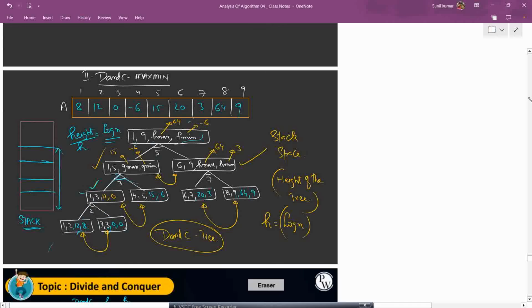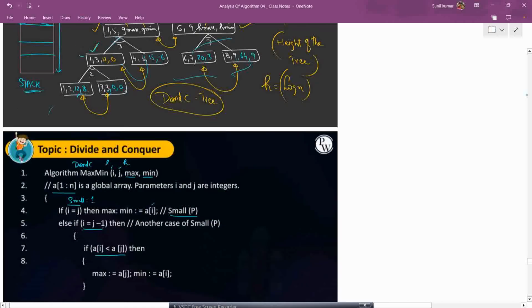After combination, what is the minimum? Minimum is 0. This is the return value of this function. We go for this, which would be 4 and 5. What is 4 and 5? Minimum is minus 6. So after comparison in both of these, the minimum is minus 6. This is how it works for both.